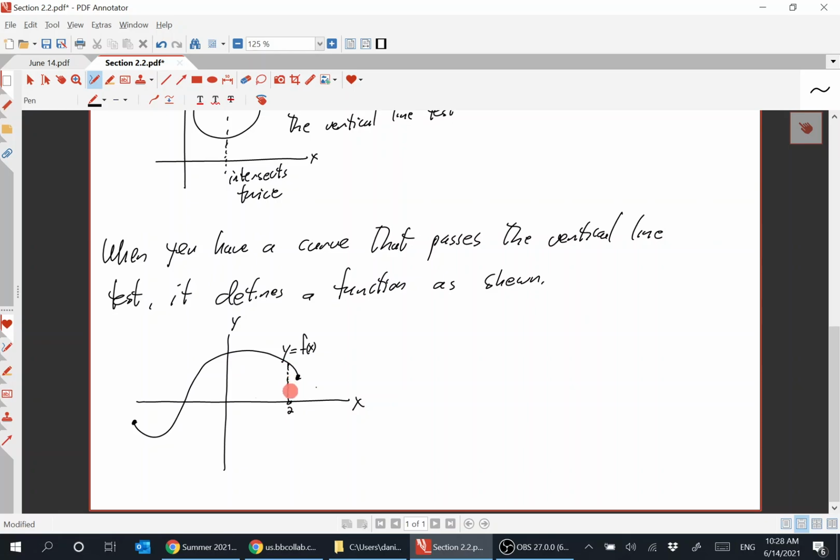If you go up or down to the curve, then once you hit the curve, you go horizontally to the y-axis, and you're going to get a certain value. You say 1.5 maybe. Right here, so that's negative 1.5. And right here, for example, this will be negative 2.